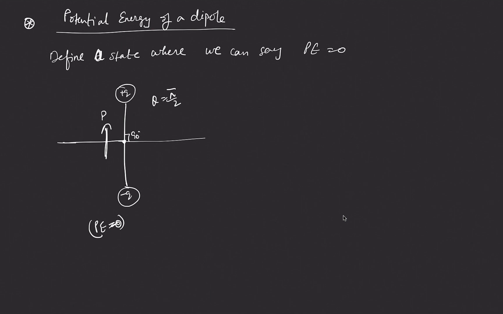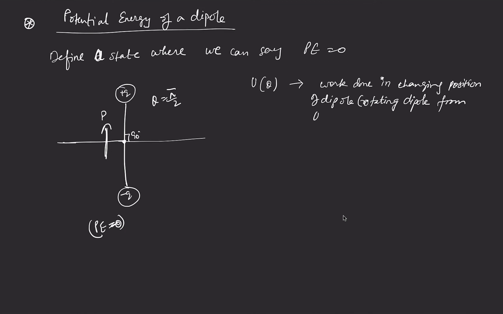Then we define the potential energy at an angle of theta for an electric dipole as the work done in changing the position of the dipole, basically rotating the dipole from theta equal to pi by 2 to any given general theta.